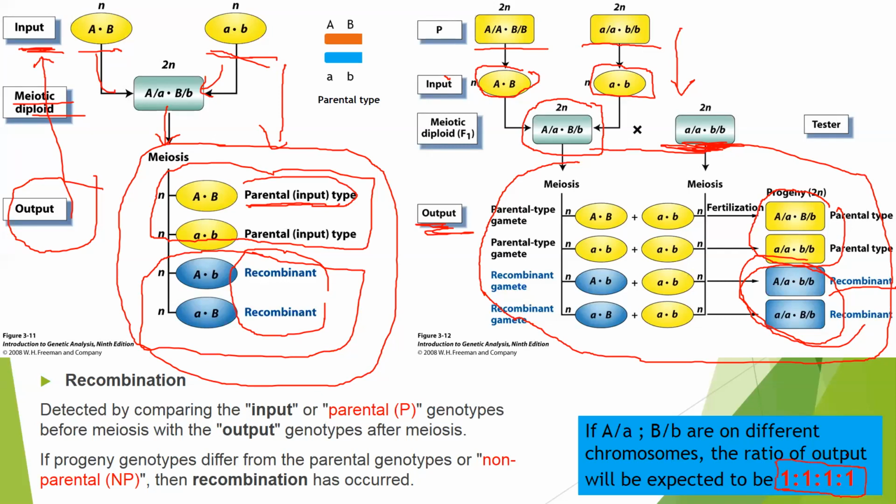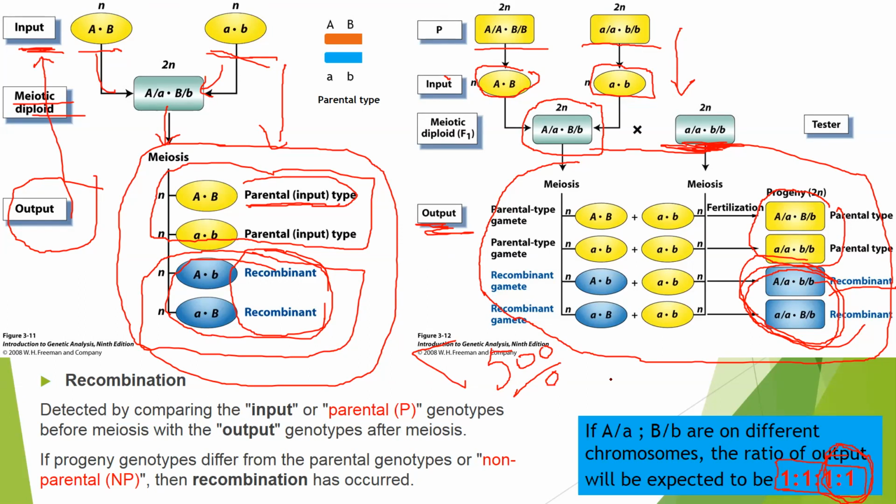And in that case, only 50% of the progeny will be recombinant, different from their parents. However, if the 2 genes are linked, like today, the proportion of the recombinants will be less than 50%, right?